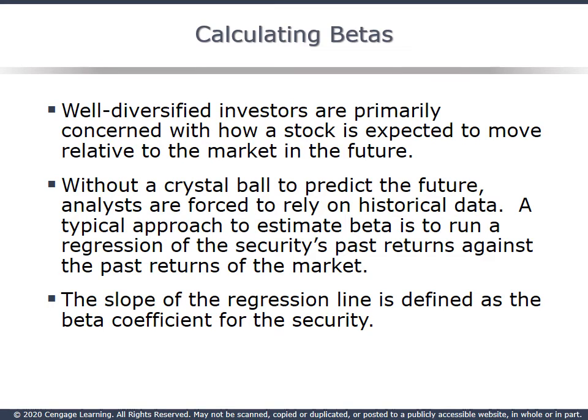So how are betas calculated? Well, actually it's a regression line, and we use historical information and run a regression of this straight line and come up with the beta coefficient for that stock. In this class, we're not going to run any regressions.